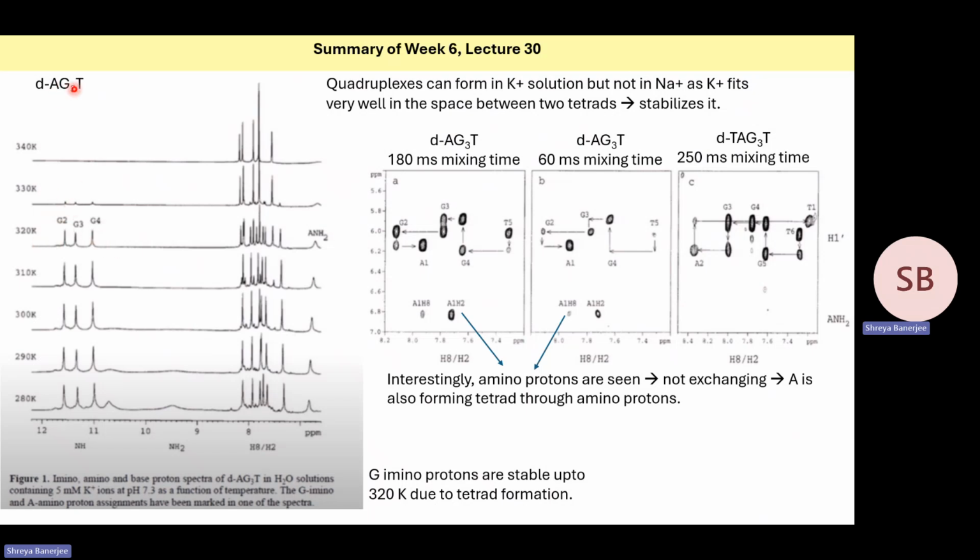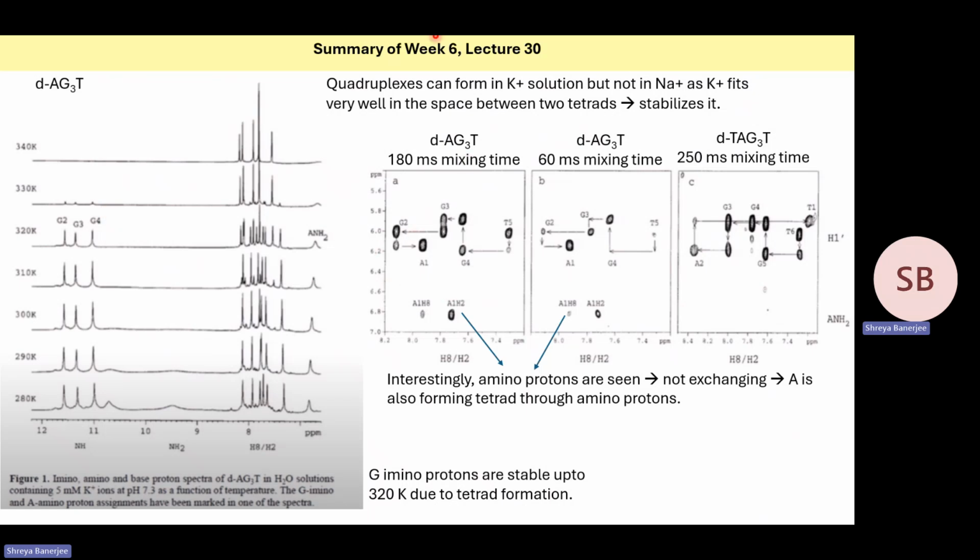If there was no tetrad formation, if it was just a duplex, you would not be able to see three distinct imino signals at such high temperatures. They would have disappeared before that. Because you are able to see the imino signals till such high temperatures, you can predict that a tetrad is forming. So these are the G tetrad that is forming.